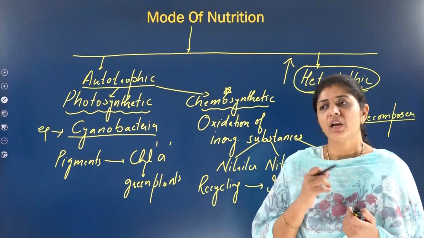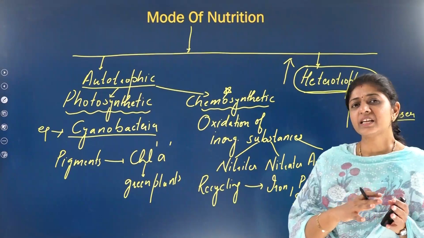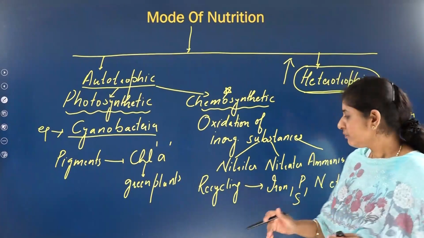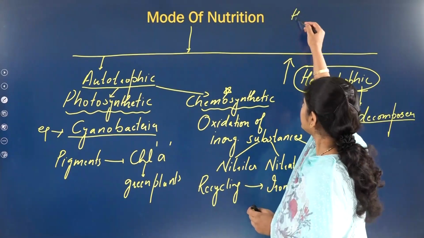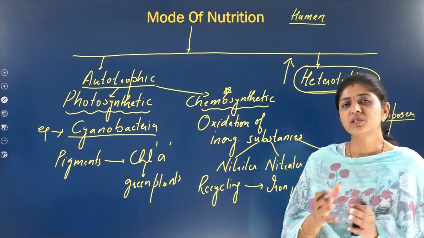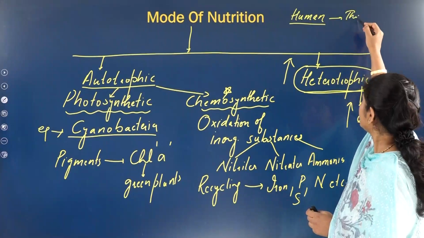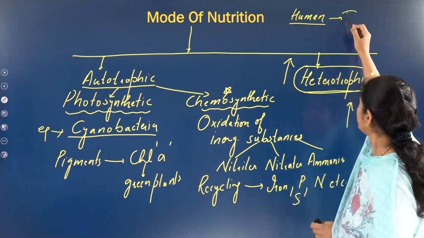What will they do? They can cause diseases. Can I say it is a harmful effect right now? If I take the concept of humans, definitely it can be pathogenic, meaning disease causing. Which diseases can it cause? Like typhoid. Typhoid will be caused by that.